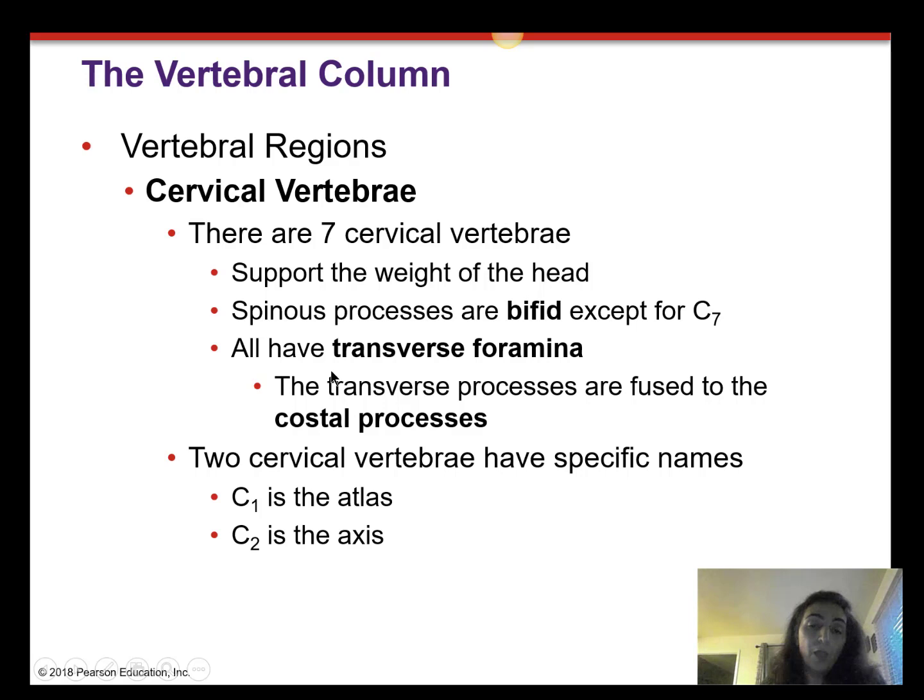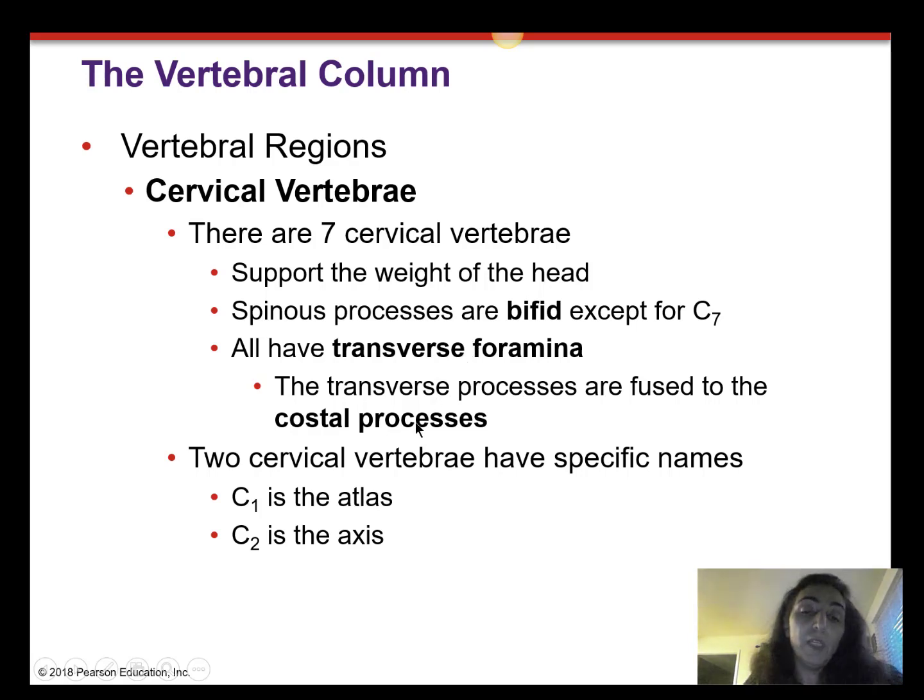Now, all the transverse processes from all of them have one extra foramen on each side, that we call the transverse foramen. And the transverse processes are fused to the costal processes. That's the one that makes the transverse foramen.